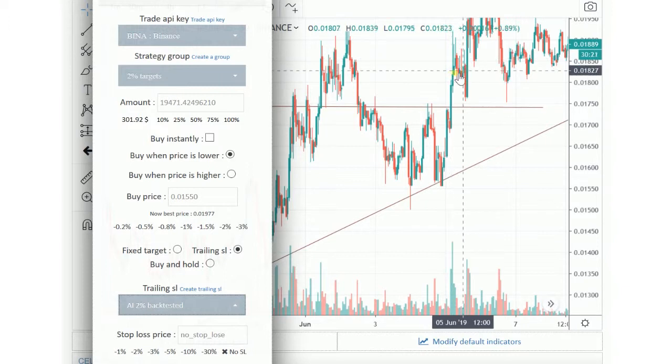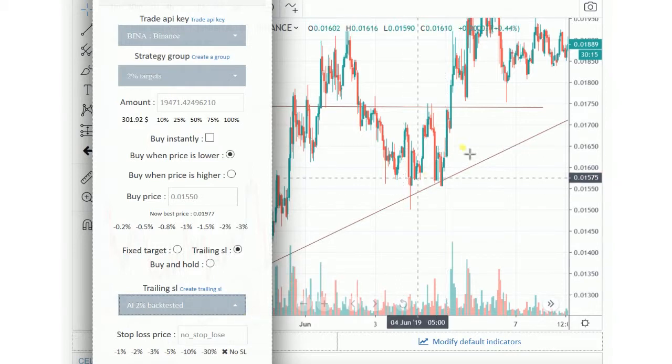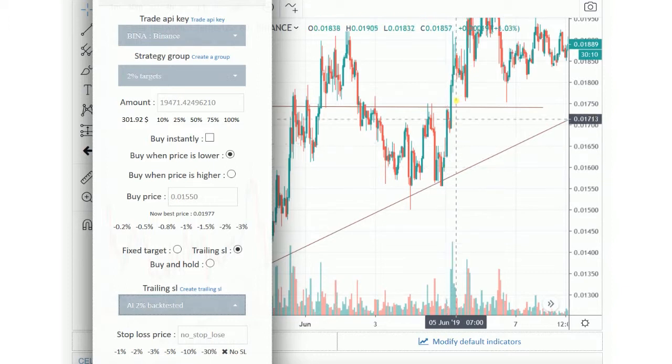A 2% trailing stop loss strategy, as we provide right here, would ensure you also a chance: if the price breaks out, you will get more and more profit. So this usage will not only give you at least a 2% profit guarantee, but it will have a chance for you to get even more than those 8% which were estimated right here.